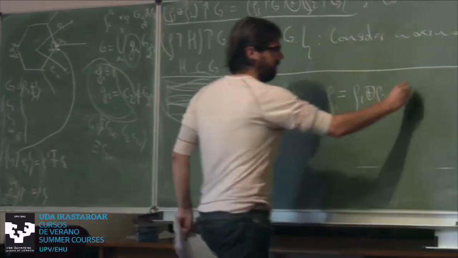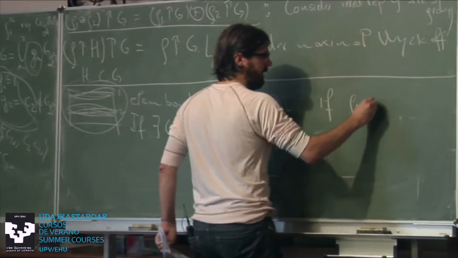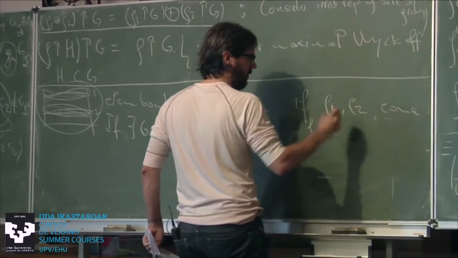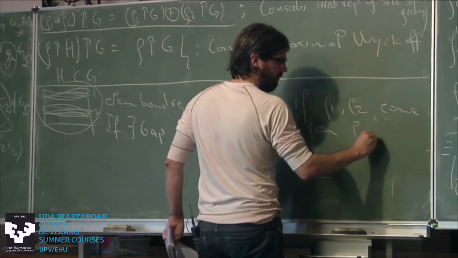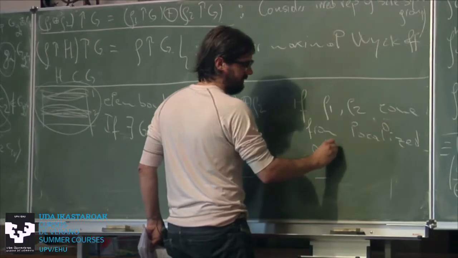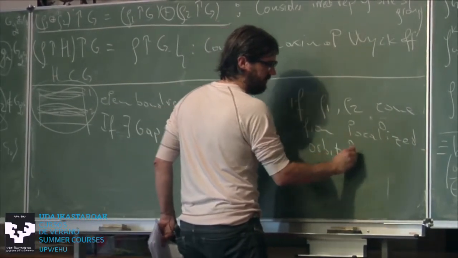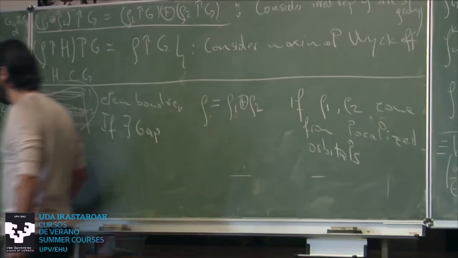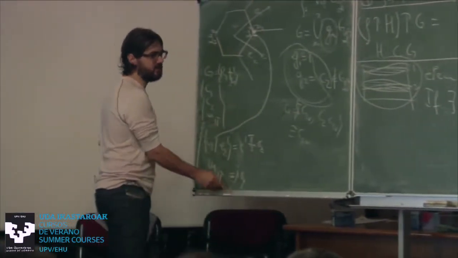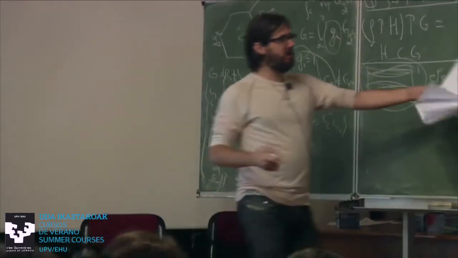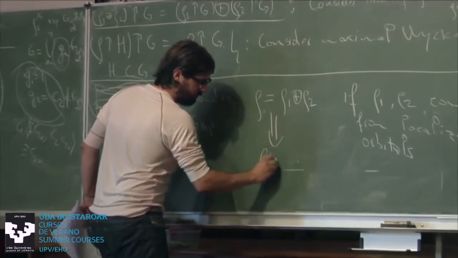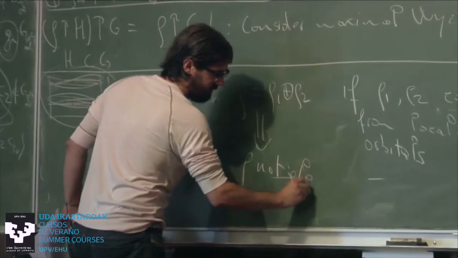If rho 1 and rho 2 come from localized orbitals, and localized orbitals was certainly something that I assumed everywhere because I built things from the atomic orbitals, which are localized, then this would mean that rho is not elementary. So I have a contradiction.